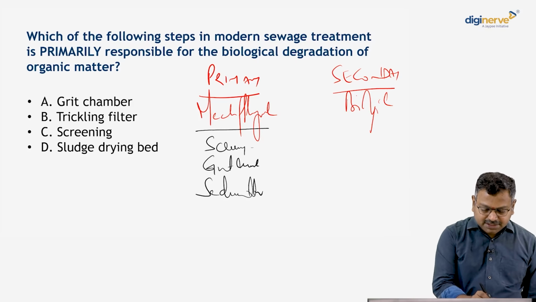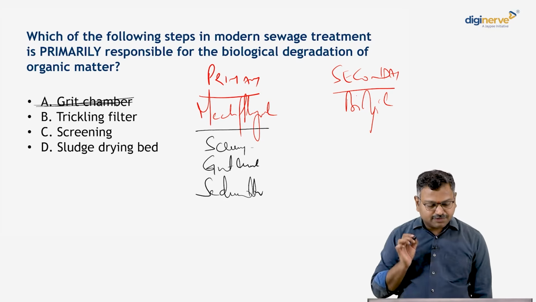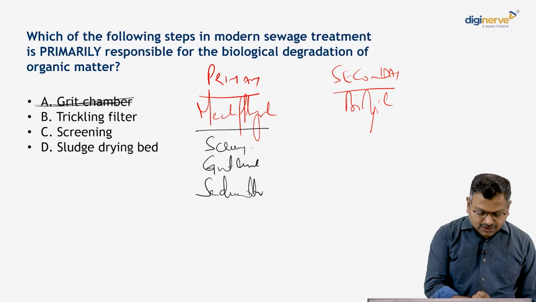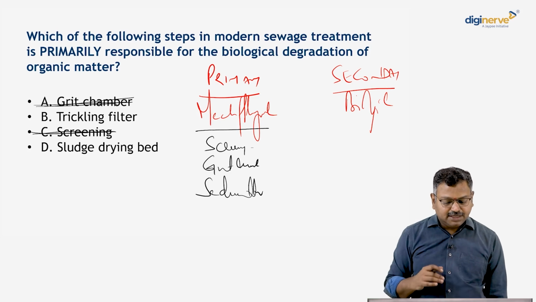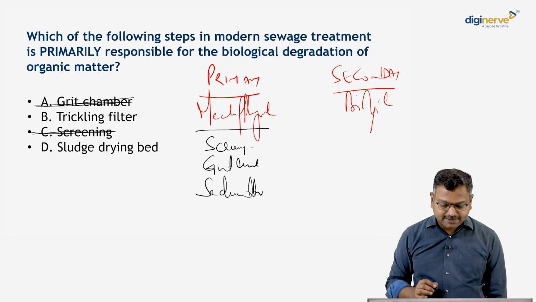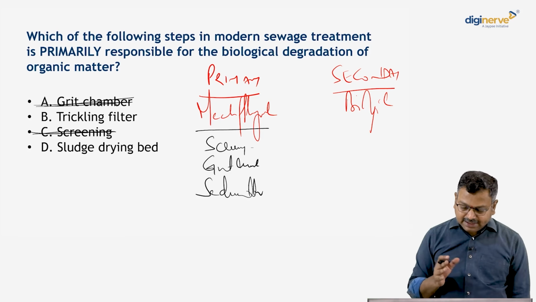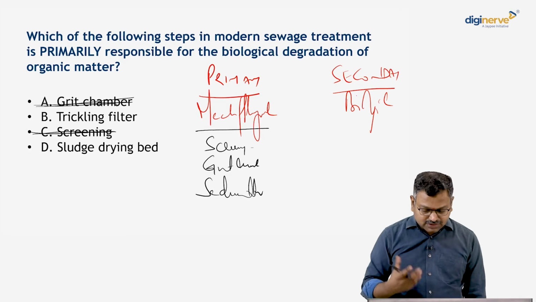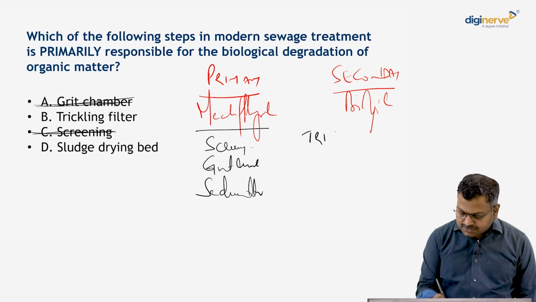So the grit chamber is primarily for the sand and gravel; that is going to be removed from here. Now screening is also for primary, where large objects are removed; it is not for the biological degradation. Now coming on to the secondary or biological treatment, here it removes the dissolved or colloidal organic matter, out of which the first process is what we call the trickling filter.